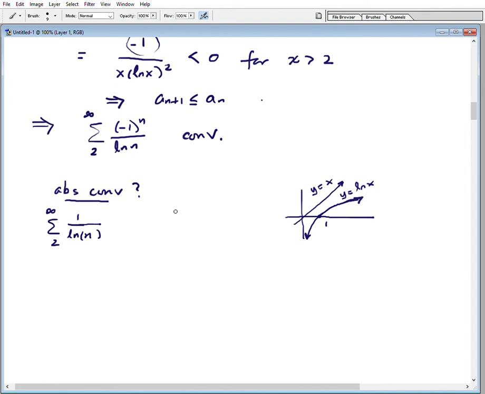And we know that this one diverges by the p-test. So we expect this one to diverge as well.